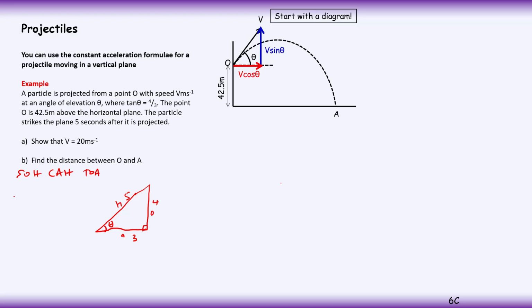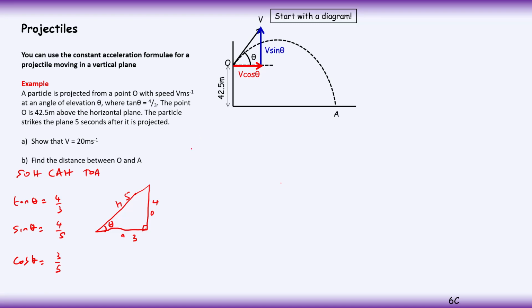So we've got tan theta is 4 over 3, opposite over adjacent. Sine theta is equal to opposite over hypotenuse, 4 over 5. And cos theta is equal to adjacent over hypotenuse, so 3 over 5. Right, so now we're ready to show that v equals 20.